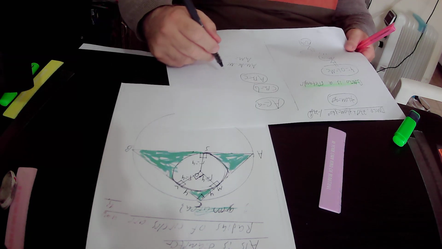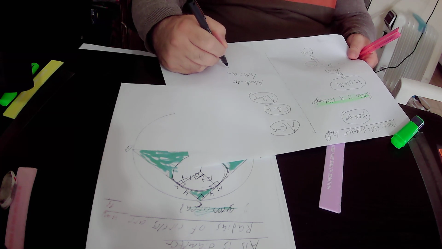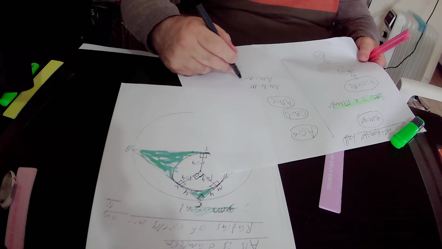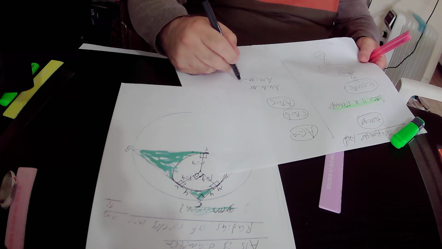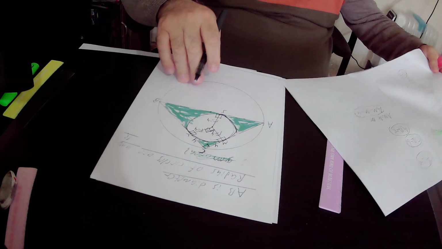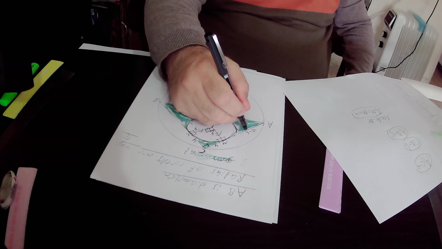AC equals A according to our definition. And MC equals 4 units according to what we have already found out. So in conclusion, we found out that AM equals A minus 4 units.